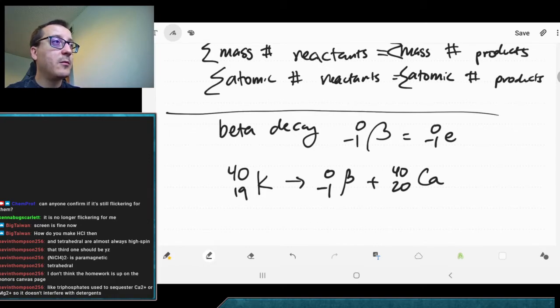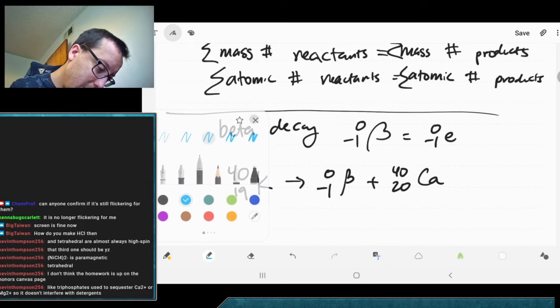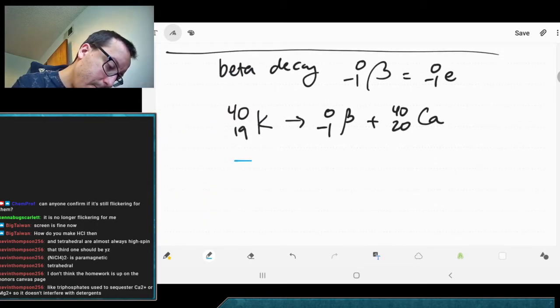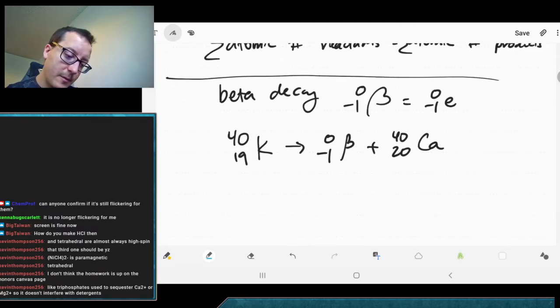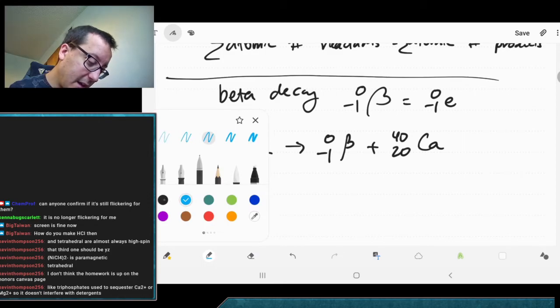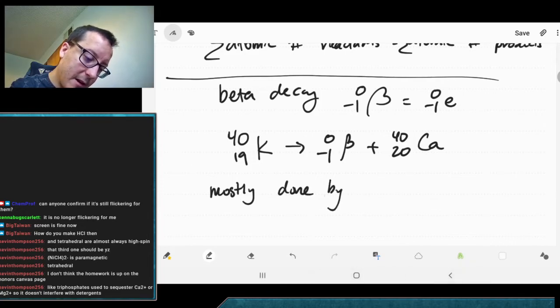And so we're going to see that overall, I guess we'll do the overall later. This is an example of beta decay. We're going to see that beta decay is going to be done by nuclei with too many neutrons.